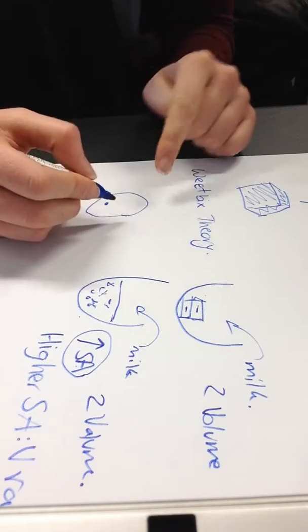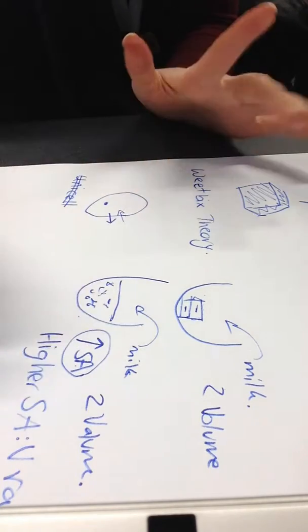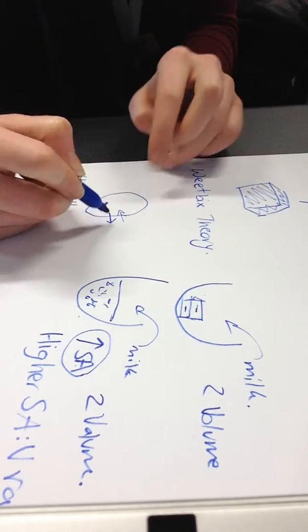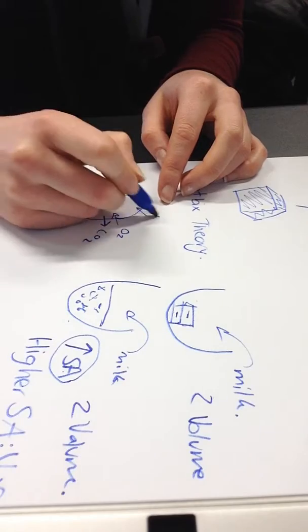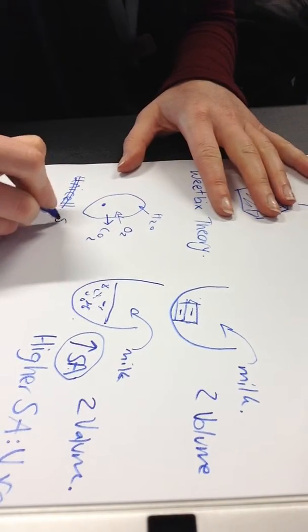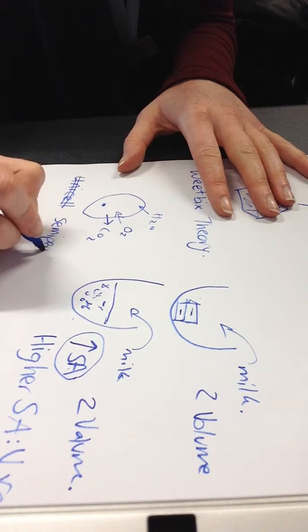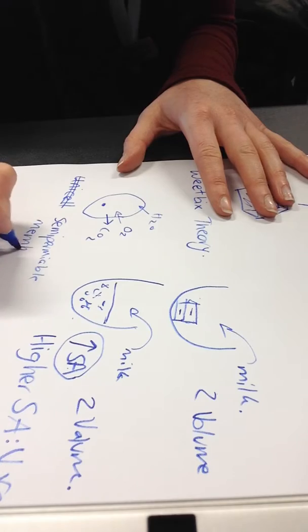Well, cells rely on diffusion and on osmosis. So the way that they get their gases, so oxygen, carbon dioxide, water, the way they get these in and out is through what we call their semi-permeable membrane. We've talked about that.